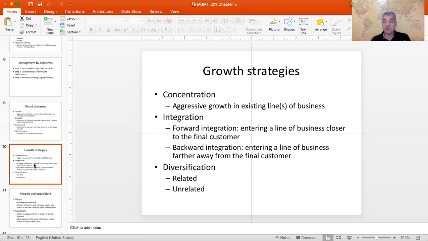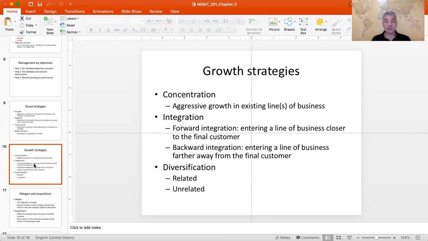So there's really nothing much in common between the businesses, except that you have this captive customer for a while. Or maybe you're in the business of drilling for oil, and then you decide to sell ice cream, right? So it's as unrelated as it can be. Those kinds of diversification moves are known as unrelated.